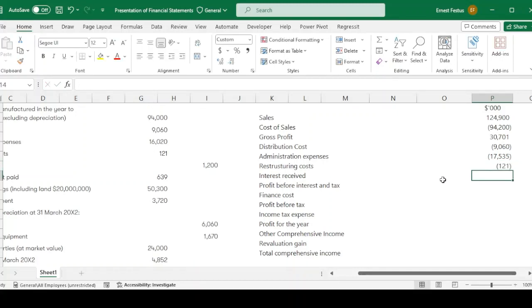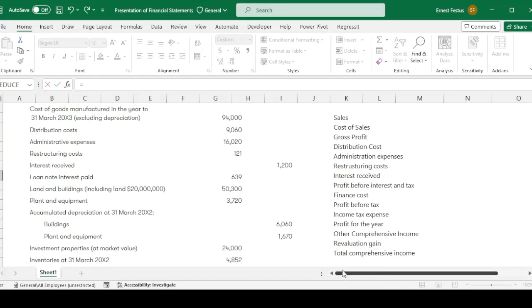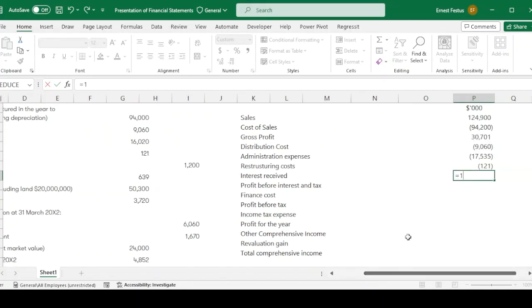Our question, for interest received, is directly from our question, and that is an income. So it is at the credit side of the trial balance, so it is an income, 1,200. So we have 1,200 there, and I can now calculate my profit before interest and tax.